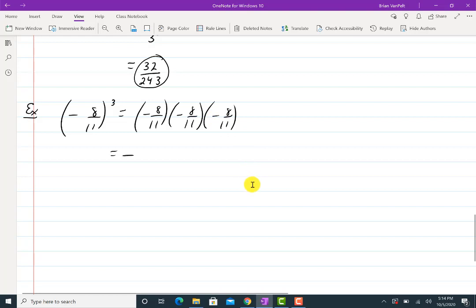So I can ignore the rest and just put one negative down for these 3. Then I have 3 8s, so 8 to the 3rd over 11 to the 3rd. So this is -8 to the 3rd is 512. 11 to the 3rd is 1,331.